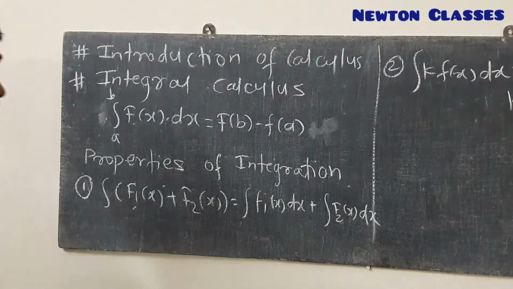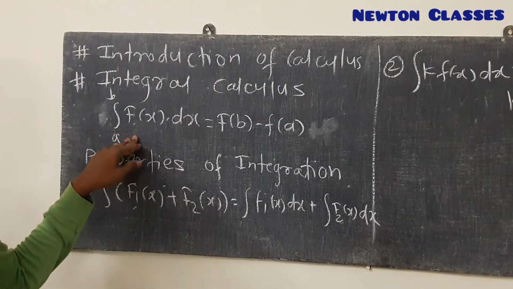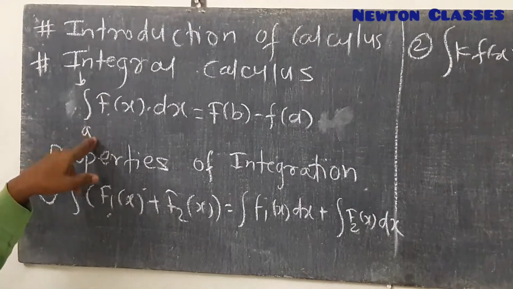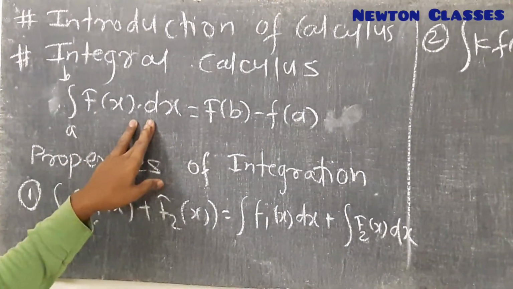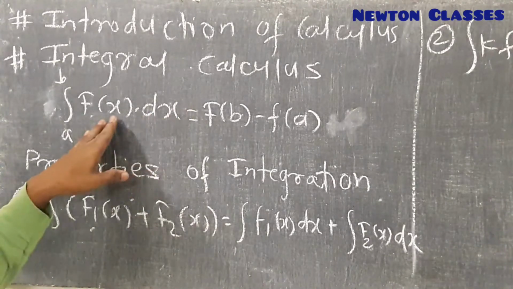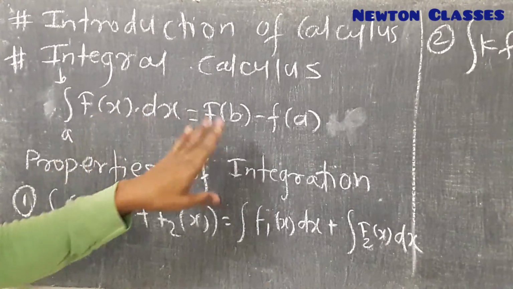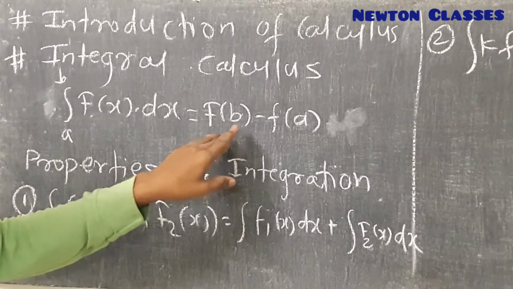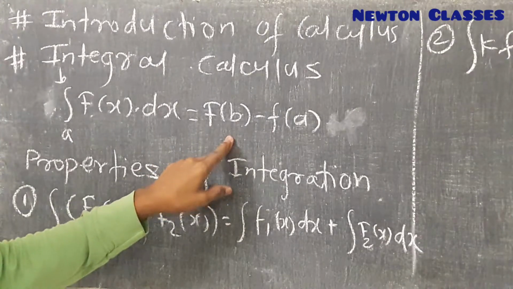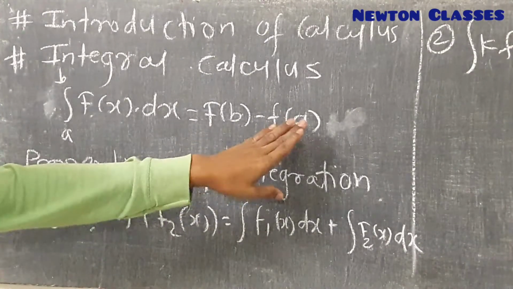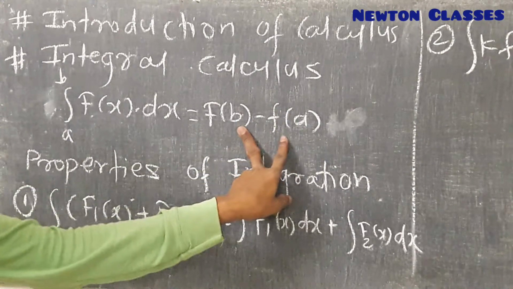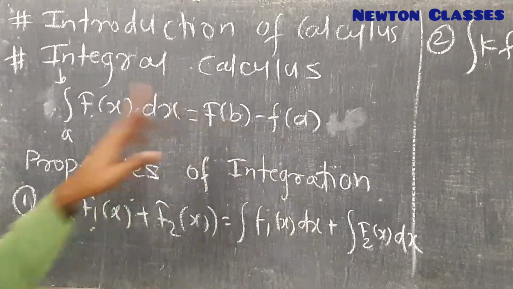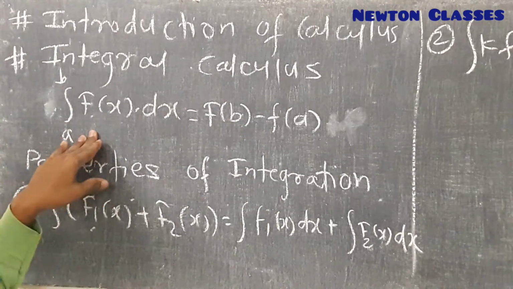Now, we have already seen that the value of the integration from a to b of f of x dx is calculated by finding the integration of this function and putting first x is equal to b and calculating this value, then subtracting the value obtained by putting x is equal to a. After subtracting these two values, we will find the value of the definite integral.